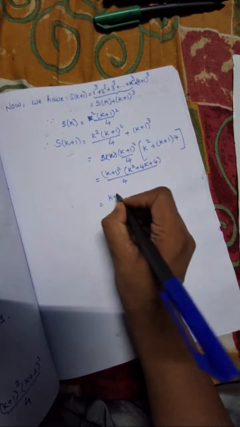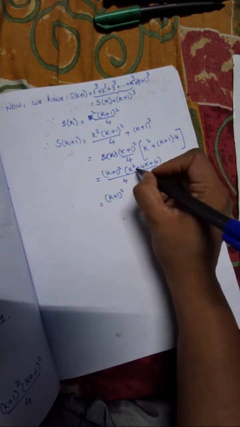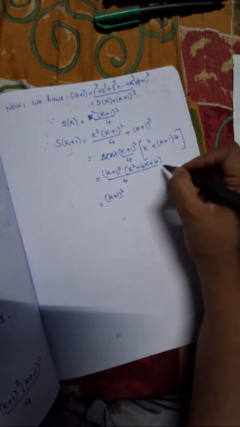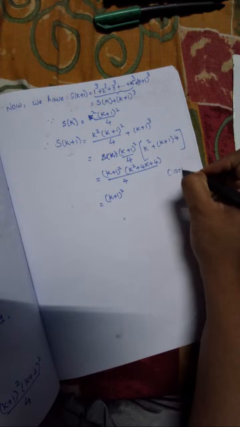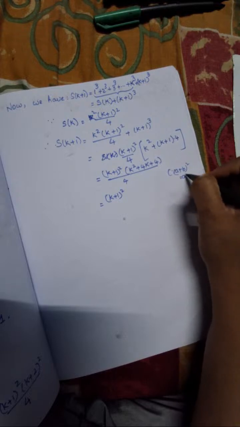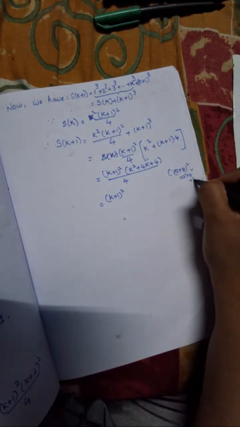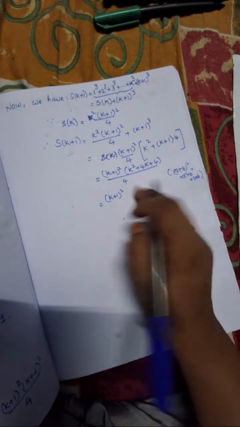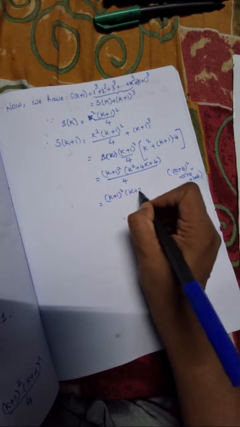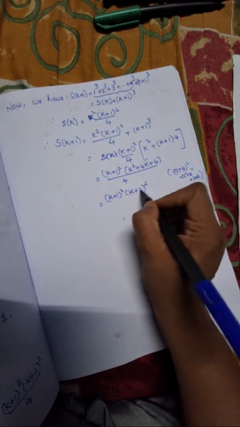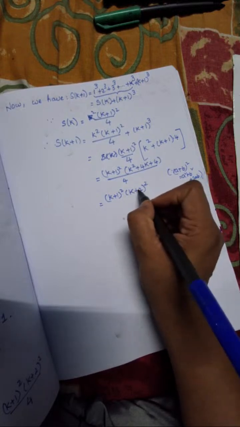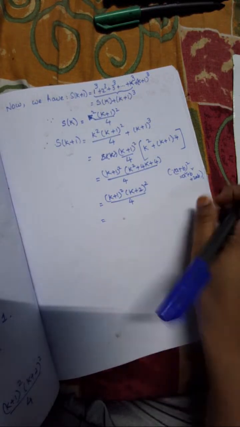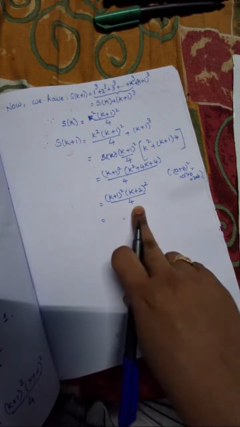(k+1)², and this is what children, this is (k+2)² formula. Since (a+b)² formula, that is a² + b² + 2ab, like this we have in this form, no? So (k+2)², k² + 4 + 2 into 4k... so (k+1)² (k+2)² by 4.